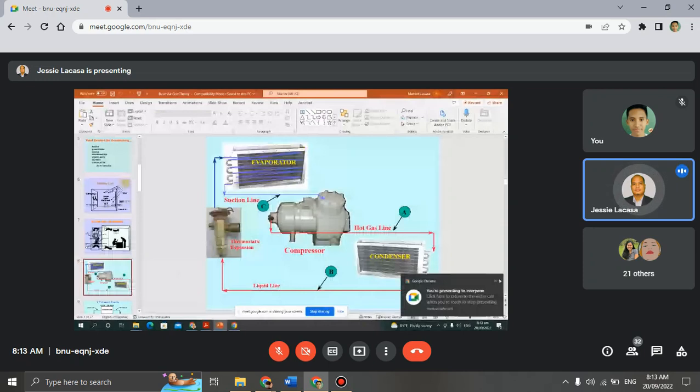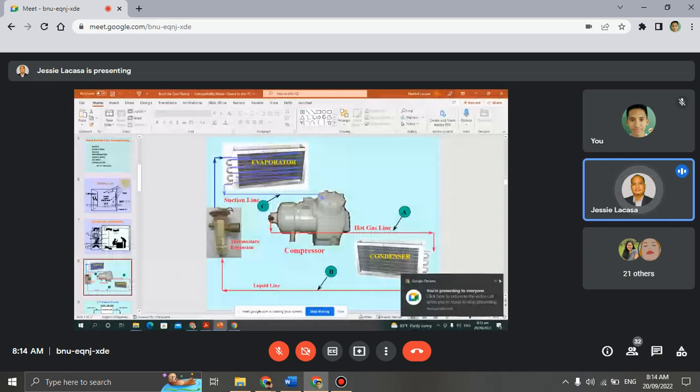Ang uban na siya mga accessories. So kung nay usa ni mawa nila, dili complete ang iyang system. Okay?